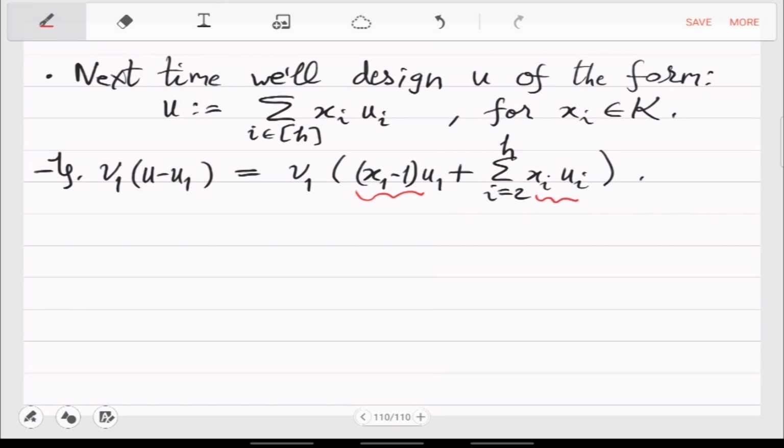We'll design xi so that these xi's and xi minus 1's, their valuations are in control, and then from that we will finish the induction step. What we want is this thing to be greater than or equal to mi, so we'll take care of that next time.